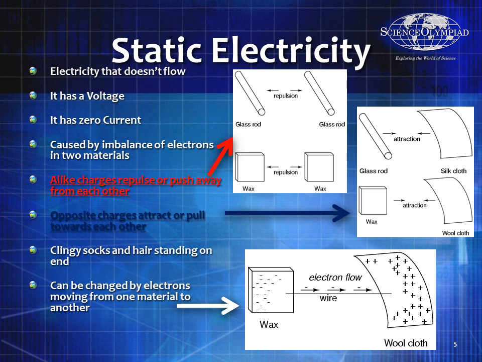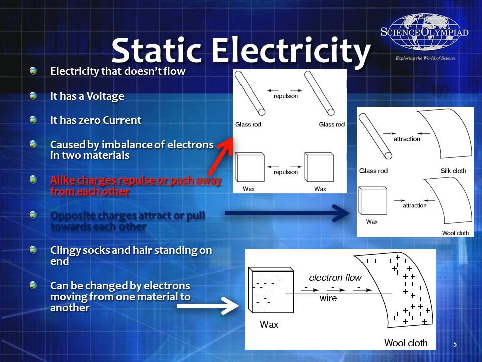So if you take two glass rods, which both happen to have the same number of excess electrons, they will actually repulse each other because like charges push away from each other. By the same token, if they have fewer electrons and so they're positively charged, two positive charges will push away from each other.